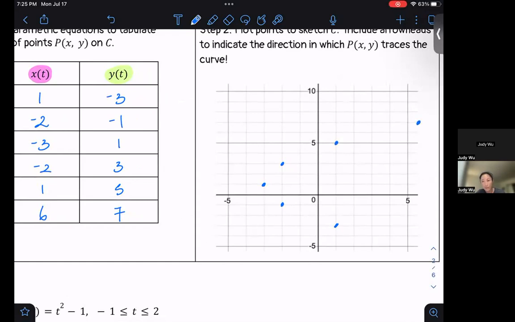And I'm going to connect those with a nice smooth curve, right? So I've got something kind of like this, something like this, and we're actually going to stop at the ends.